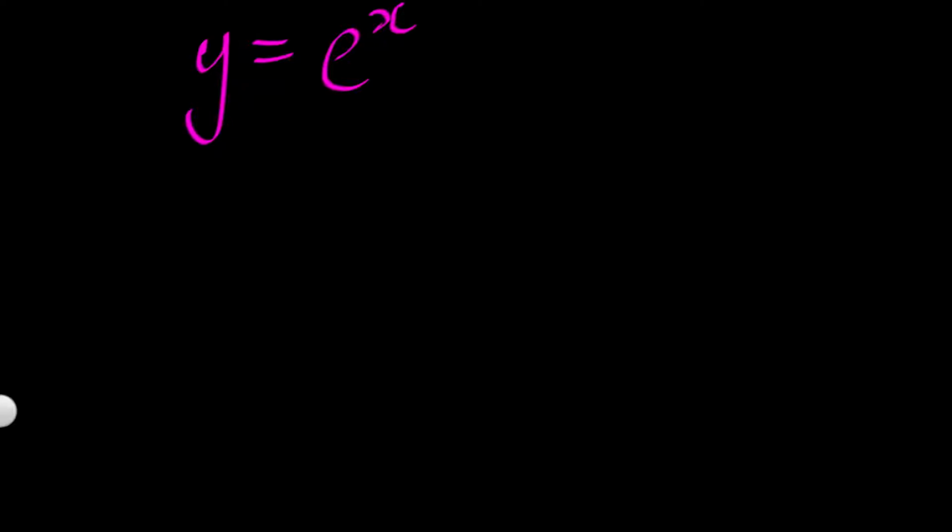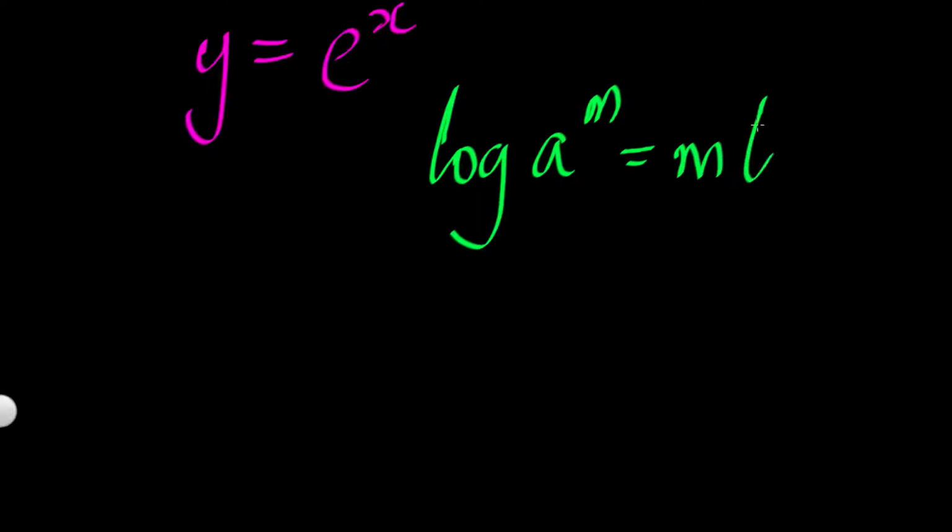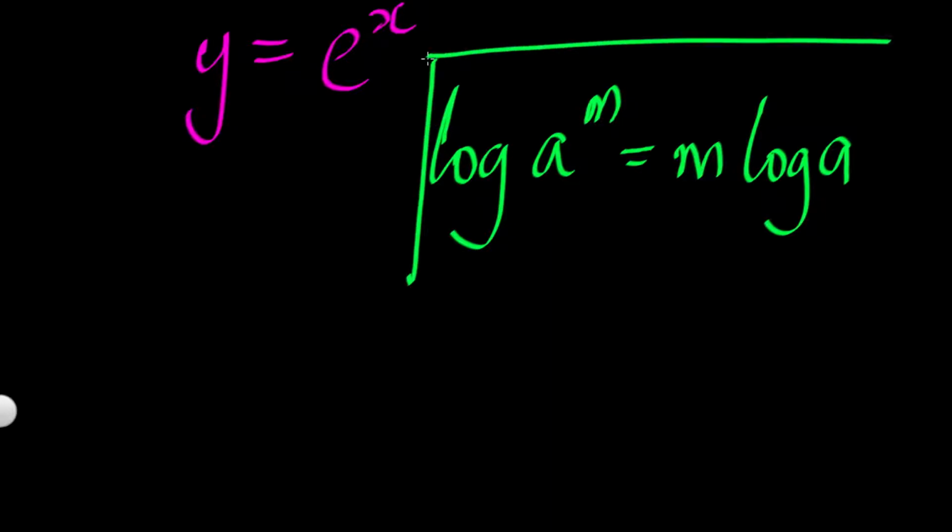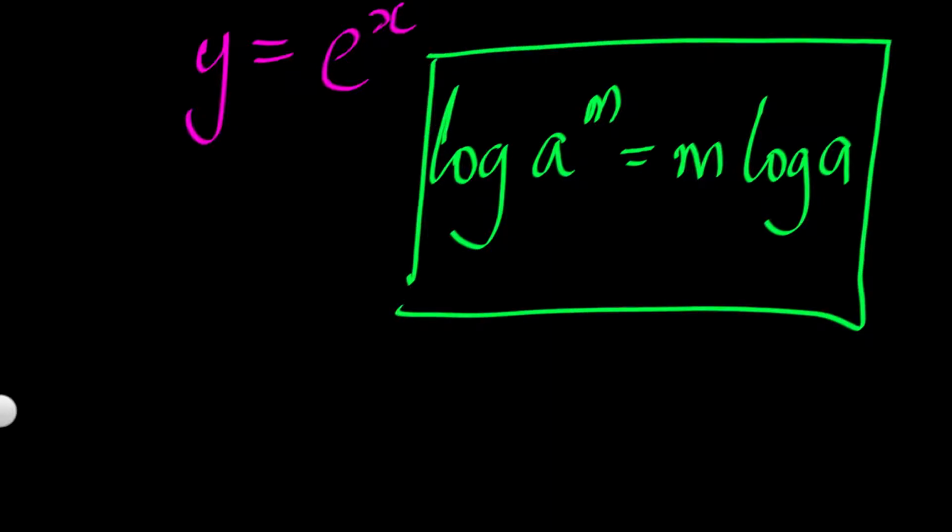So when you're using logarithmic differentiation, you rely on the fact that log of a to the power of m is equal to m log a. We know this from our laws of logarithms. This is what we're going to rely on, this law of logarithms.